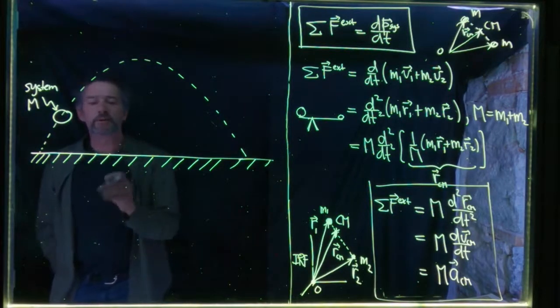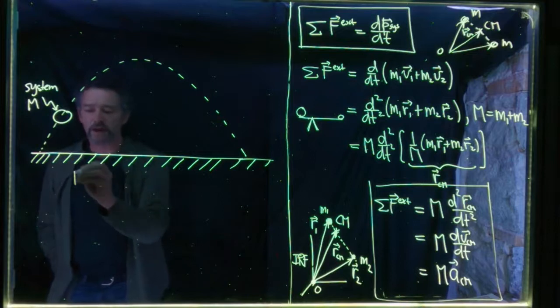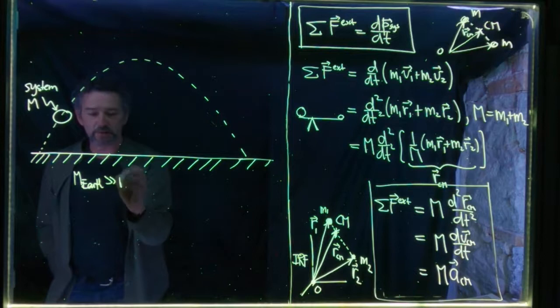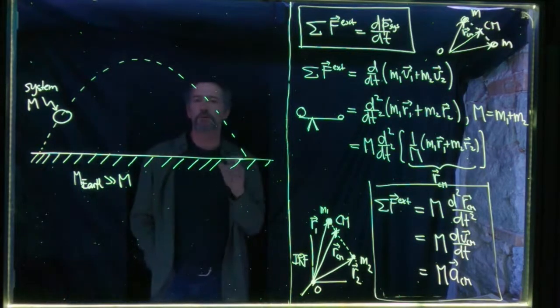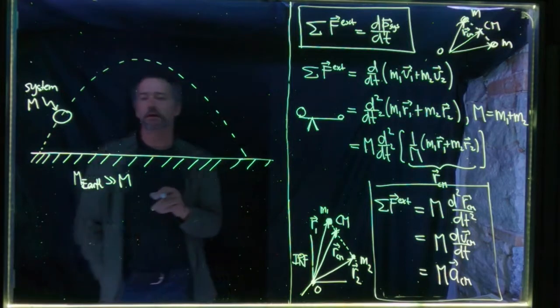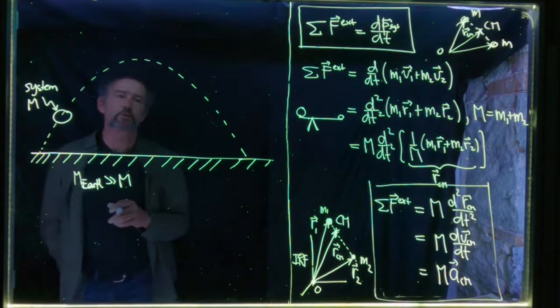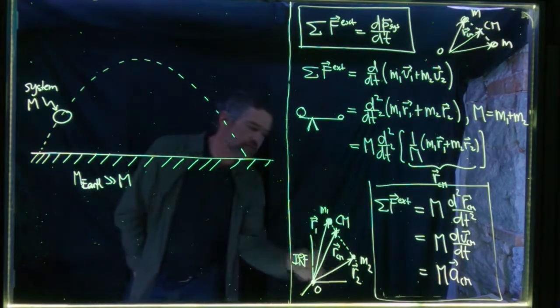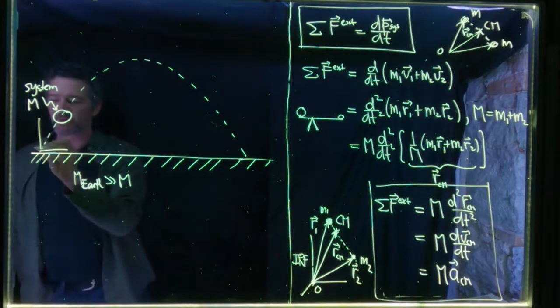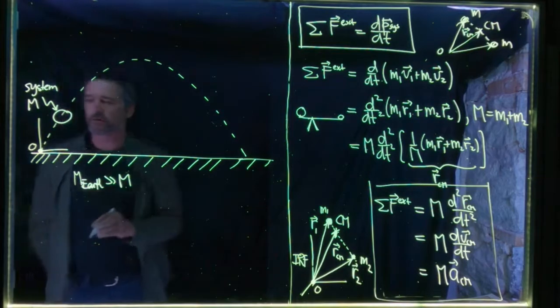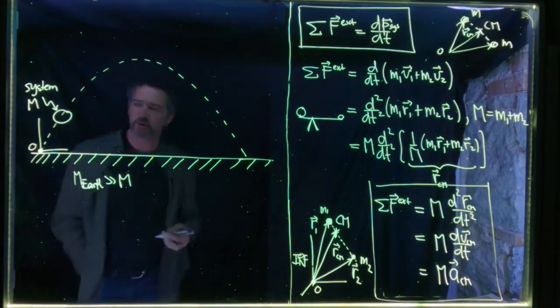But because the mass of the Earth is much bigger than the mass of our system, while the Earth accelerates, its acceleration will be extremely tiny. And so for all practical purposes, we can choose our inertial reference frame to just be the usual reference frame attached to the surface of the Earth. So great. That's the origin of our inertial reference frame, the launch point of our projectile.